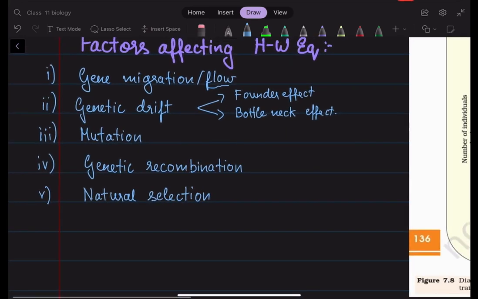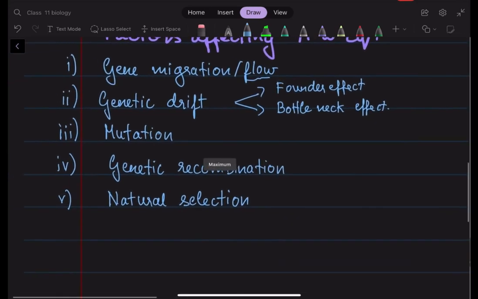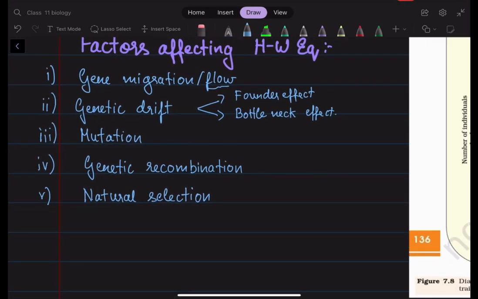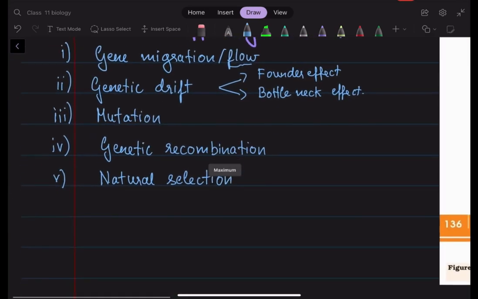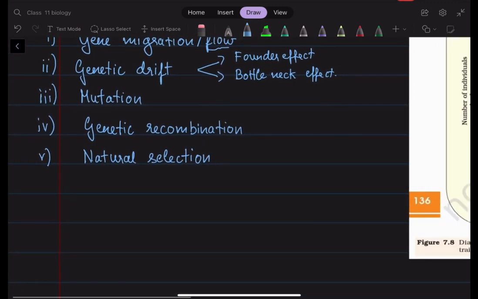Next one is genetic recombination. Again, genetic recombination means the genes are paired in a different way. So there are different combinations of alleles there. So that is why this also affects the Hardy-Weinberg equilibrium. Next is natural selection.